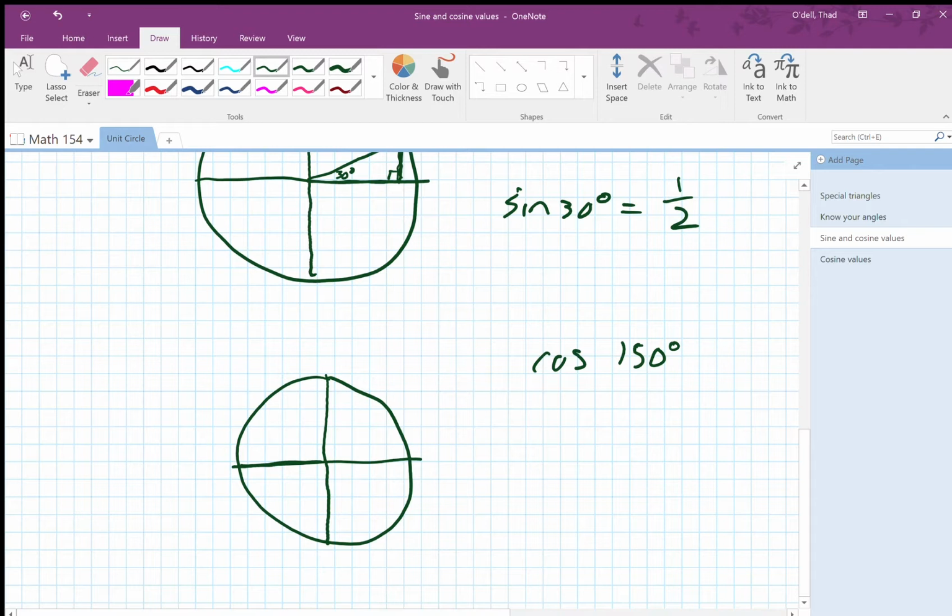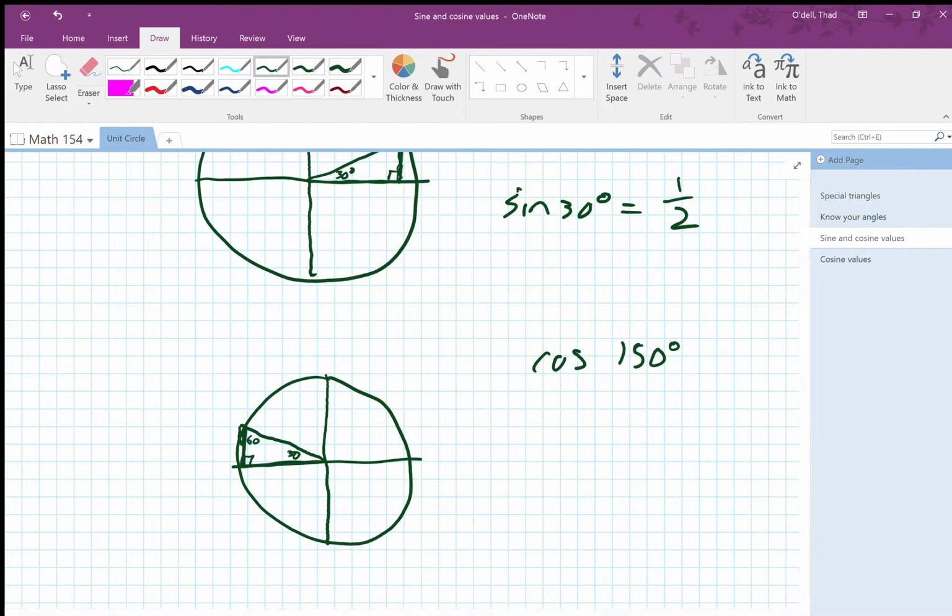So 150 degrees would be 30 less than that. So we draw a little angle like that. If you drop a line down to the x-axis, we form another triangle. And again, we know this is a 30, 60 right triangle, just like the one before.